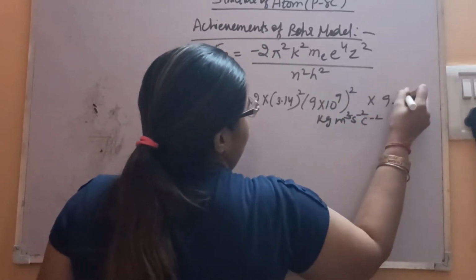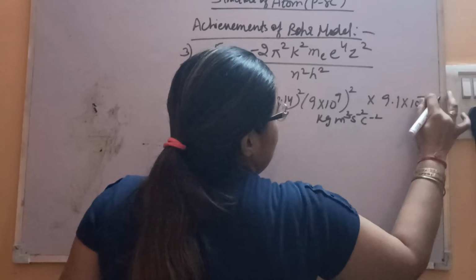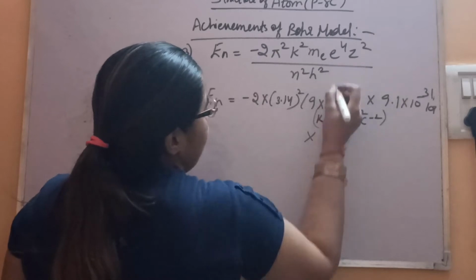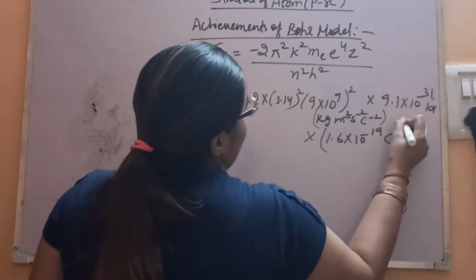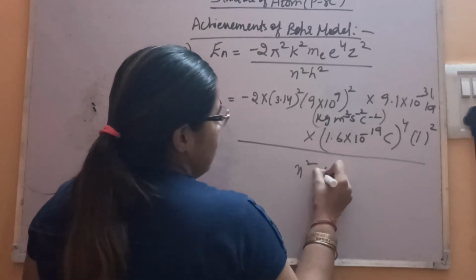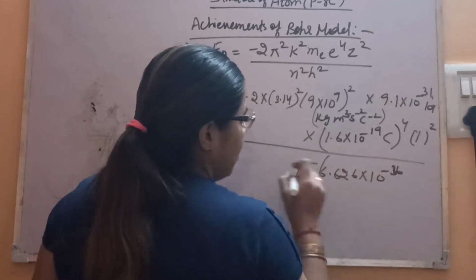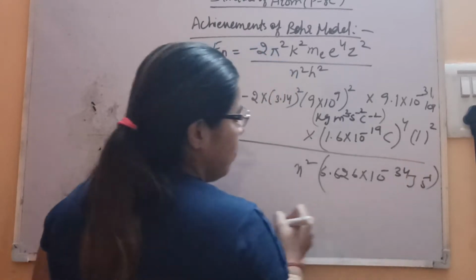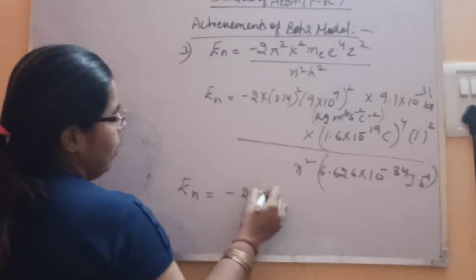Then mass 9.1 into 10 to the power minus 31 kg, this you just put in bracket, into charge 1.6 into 10 to the power minus 19 coulomb, to the power 4, z is 1 here, n as it is, h 6.626 into 10 to the power minus 34 joules per second.